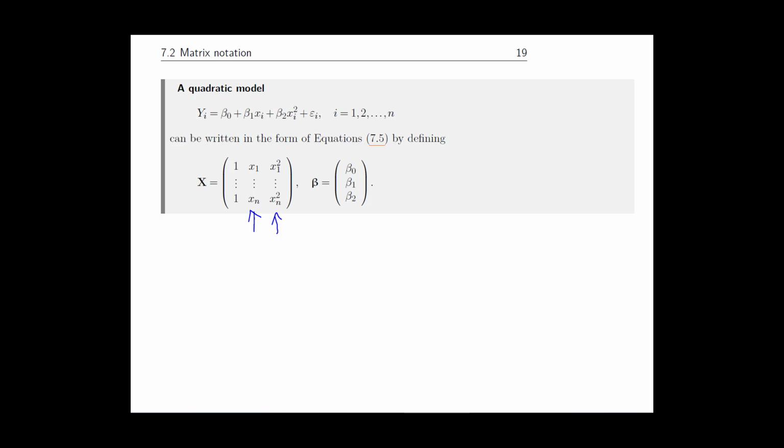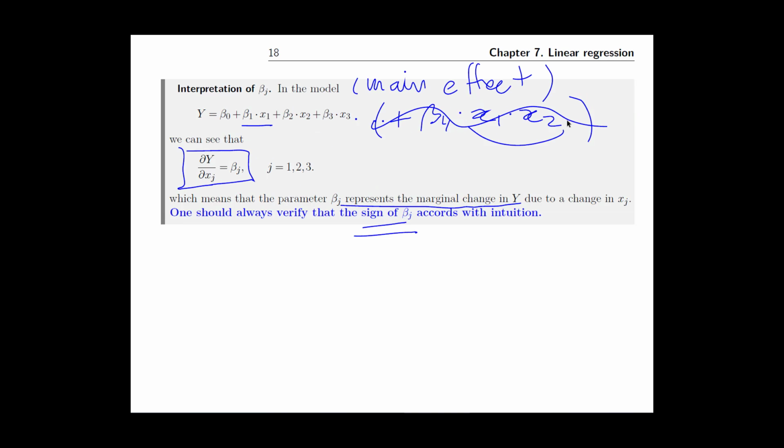If you take derivatives here, for example dy/dxi, you see that it's going to be beta 1 as before, but now we have the other term, 2 beta 2 xi. So in this model, the betas no longer represent the marginal effect. Now it's more complicated because it depends on the level of xi, etc. So this interpretation, again, is only valid for main effect models.